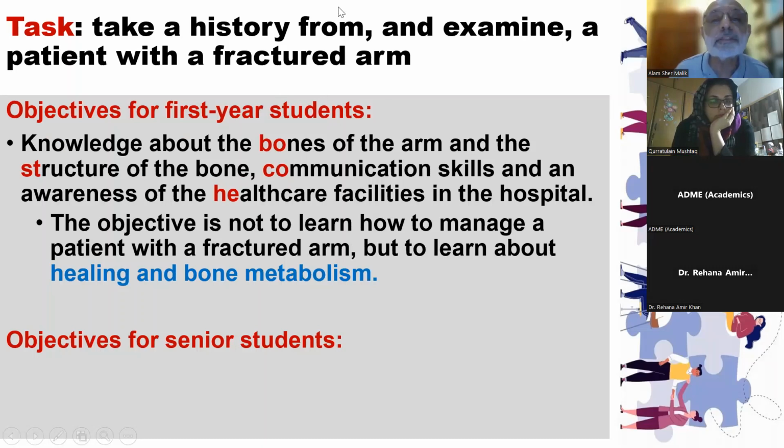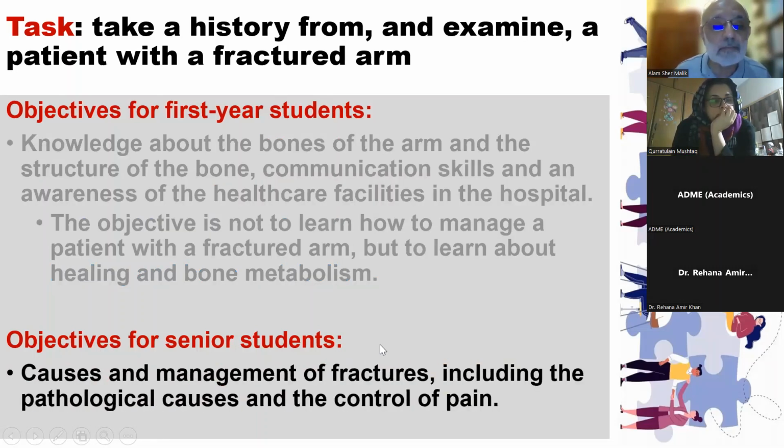So it's the same task, but the learning outcome or objective for first-year students is mainly related to basic sciences. When the same task is used for senior students, the learning outcomes or objectives may be different.